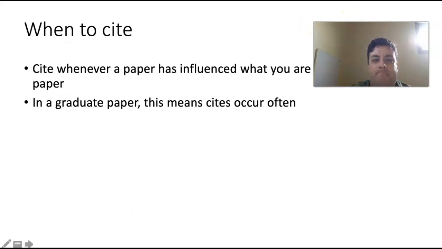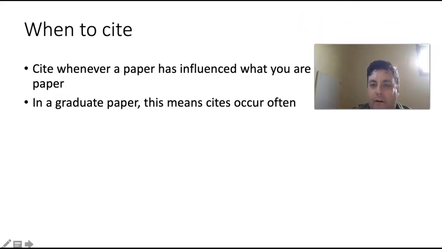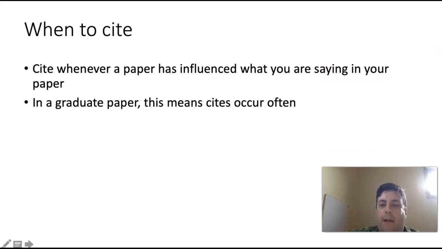So when do you cite? You cite whenever a paper has influenced what you are saying in your paper. And in a graduate level paper, in a thesis especially, this means that cites are going to occur often. In fact, it will be fairly rare that you have a paragraph that has no citations.